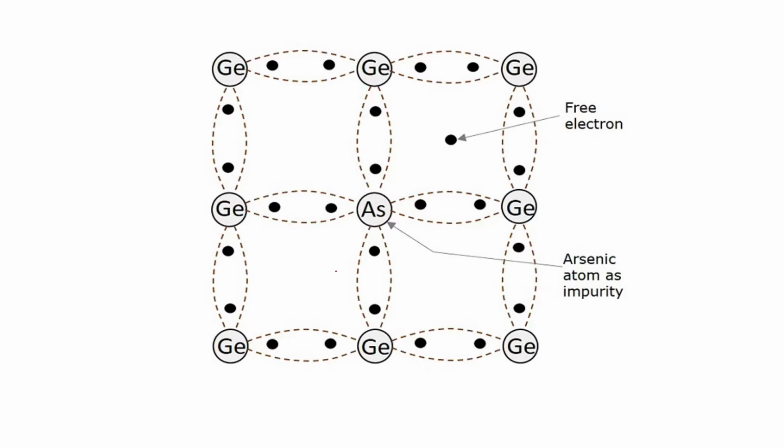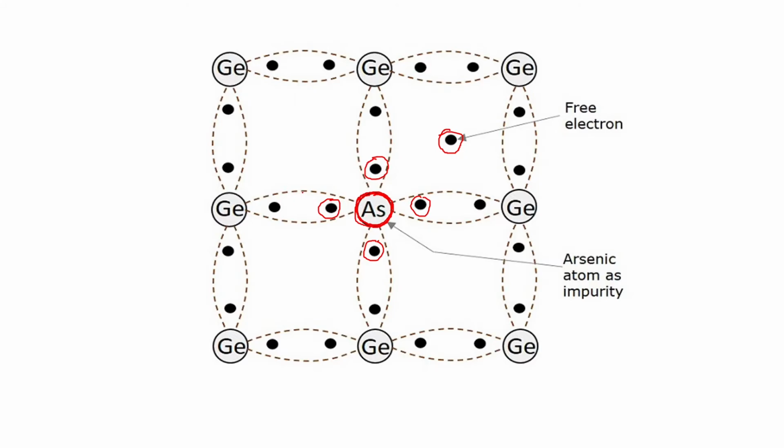Here you can see an arsenic atom. Arsenic is a pentavalent impurity, so it has 1 valence electron, 2, 3, 4, and a 5th valence electron. If you add this arsenic to germanium or silicon, the 4 valence electrons of the germanium or silicon will make covalent bonds with 4 valence electrons of arsenic.